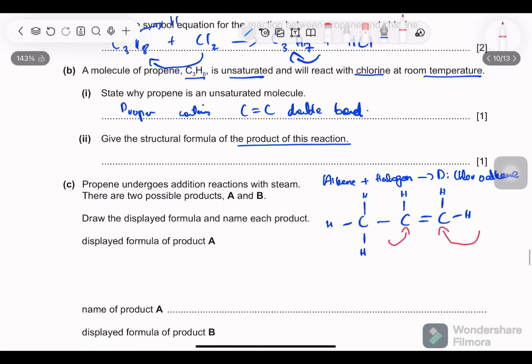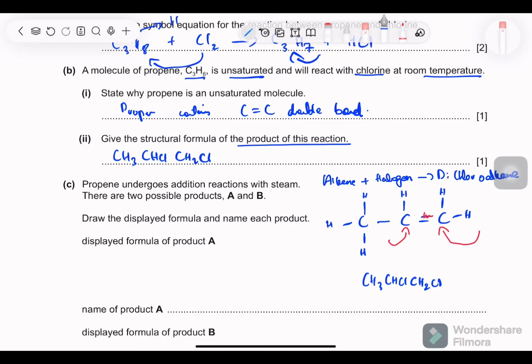No hydrogens will be removed, just this double bond will break. So now we can write the structural formula: CH3, CHCl, CH2Cl. We can write this over here, CH3, CHCl, CH2Cl. Next, this is, by the way, an addition reaction in which a double bond is broken.